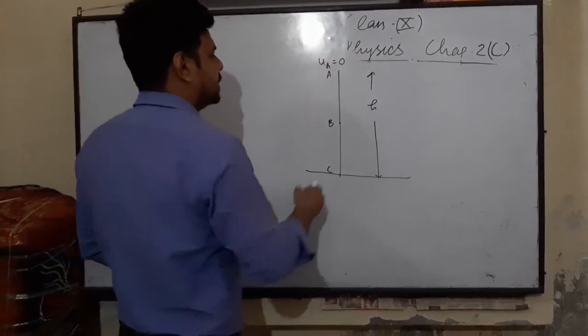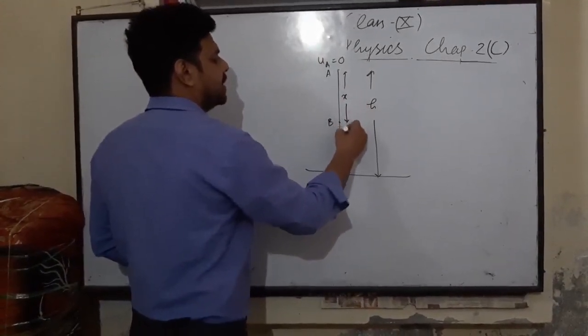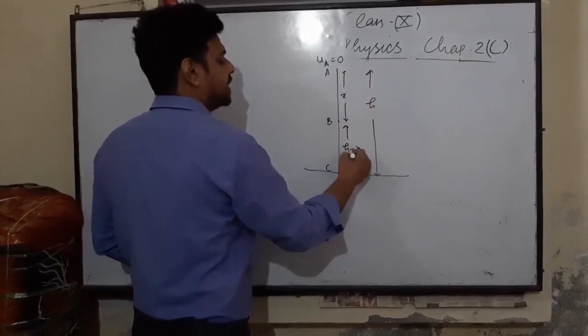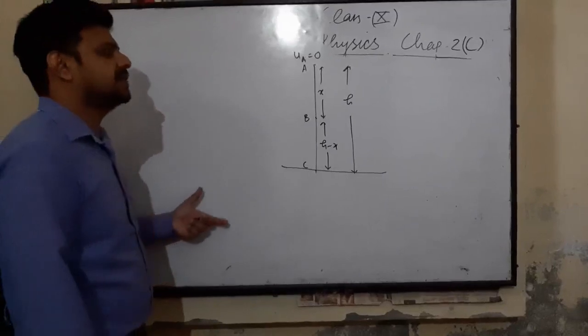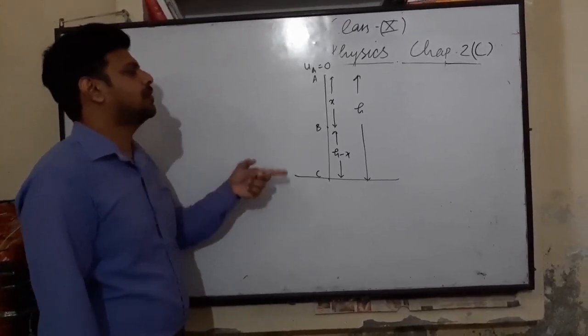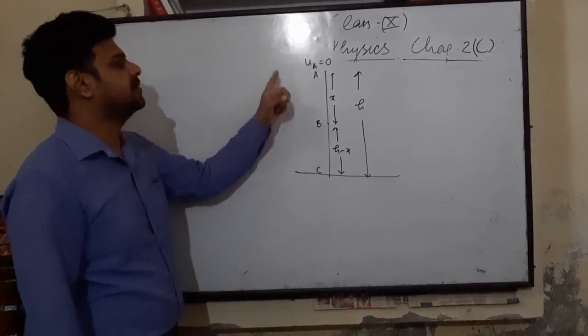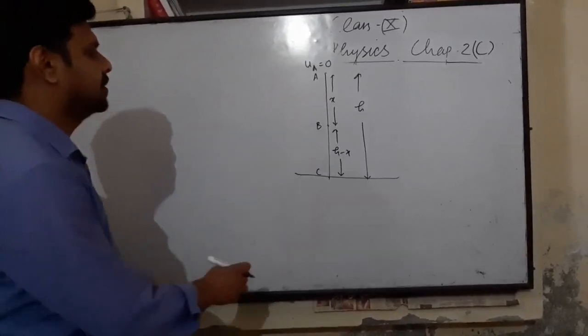Let AB be equal to x and the remaining height will be h minus x. Today we will prove the conservation of energy. It means the total energy, or sum of potential energy and kinetic energy, for this object will be constant and equal to mgh.